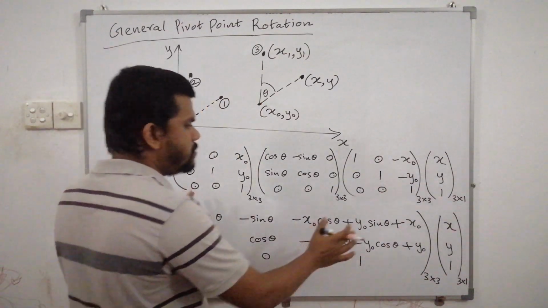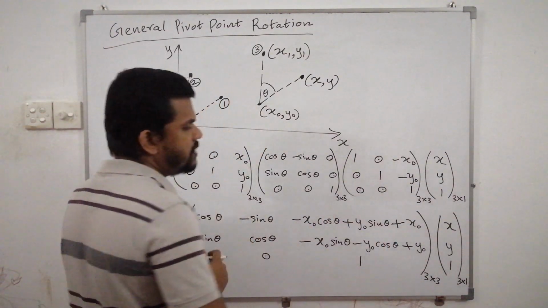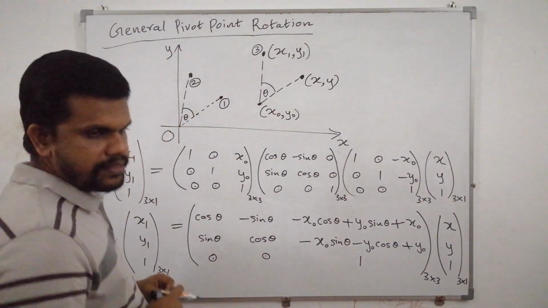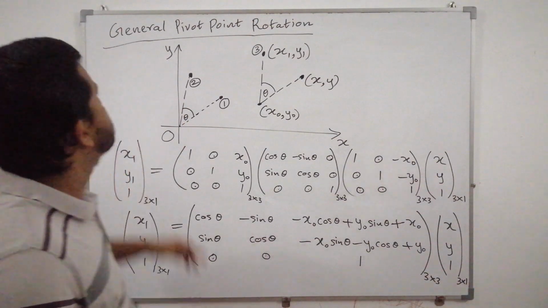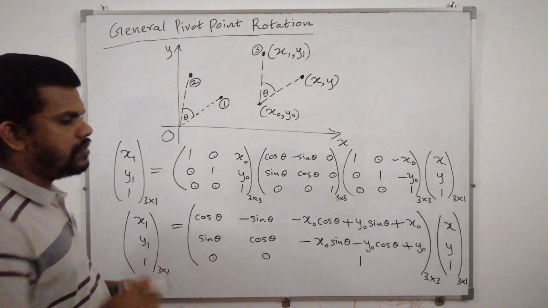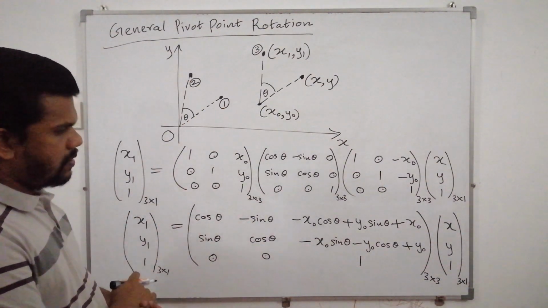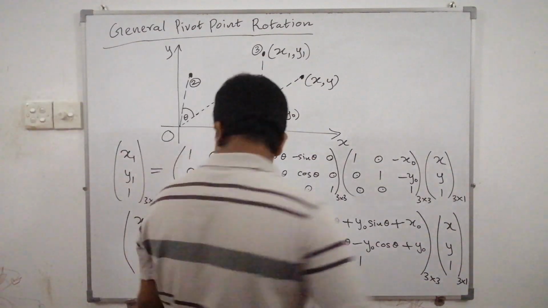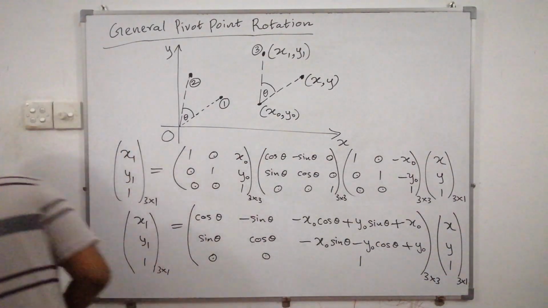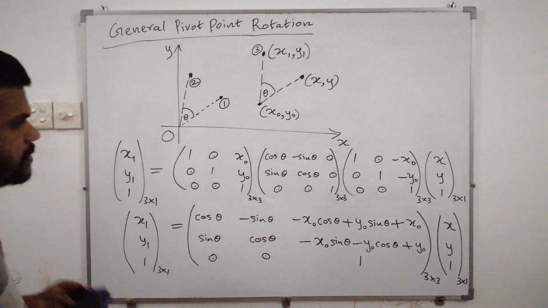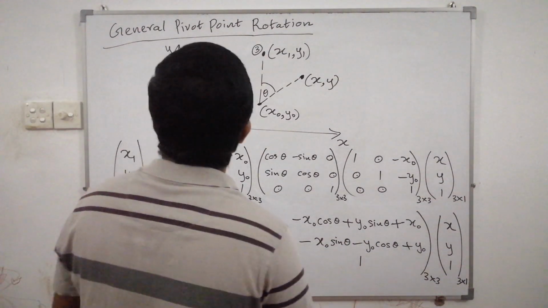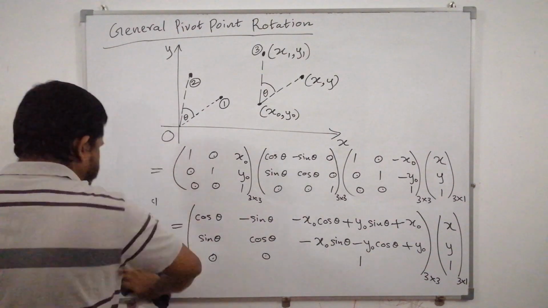Actually, this matrix we call the composite transformation matrix for general pivot point rotation. So now let's look at the final transformation we discuss here.